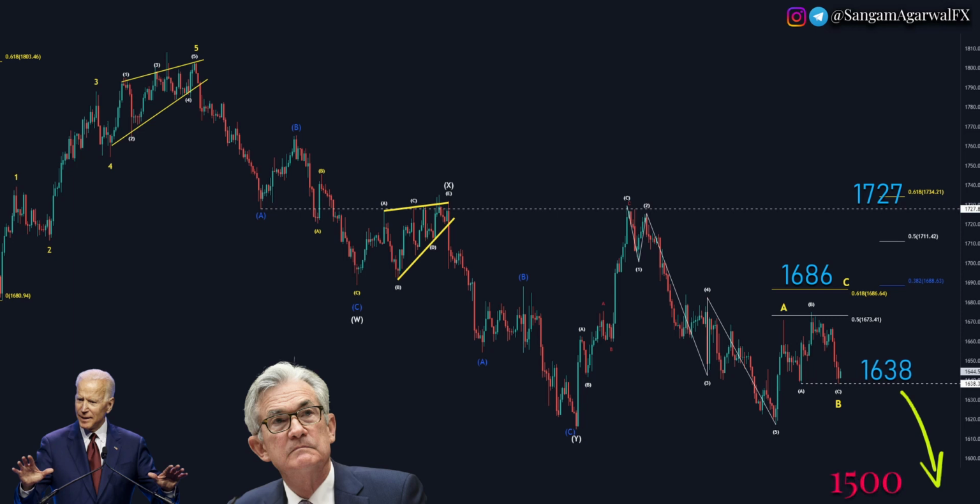But for that we need a clear breakout below 1638, and these are our key support and resistance for beginner intraday traders on H4, which can break after the FOMC meeting this week. The first one 1638, then 1686 and 1727.